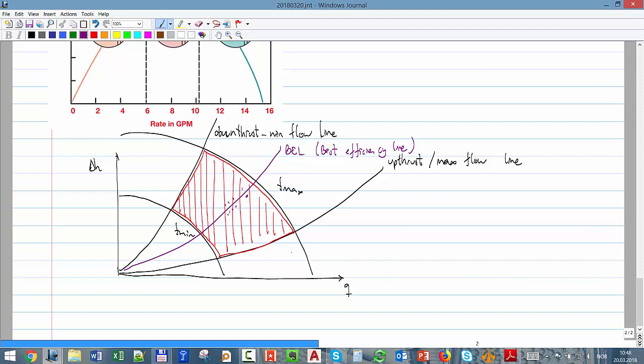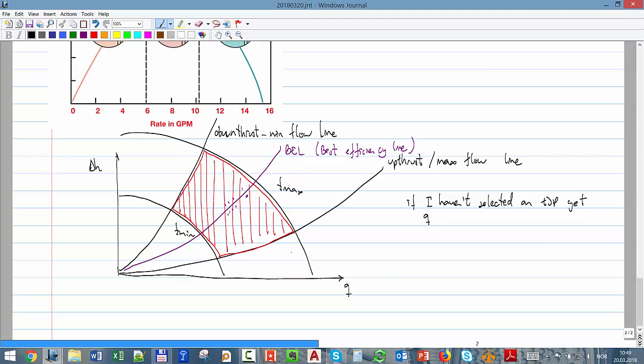For example, if I'm in the design phase, and I haven't selected an ESP yet, I get the rates from the reservoir.